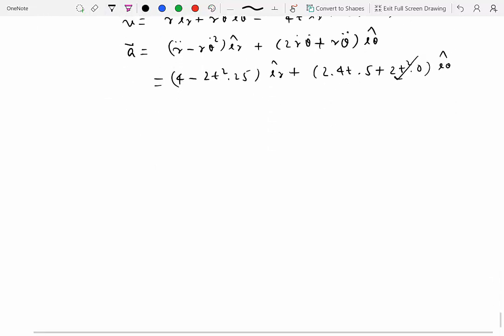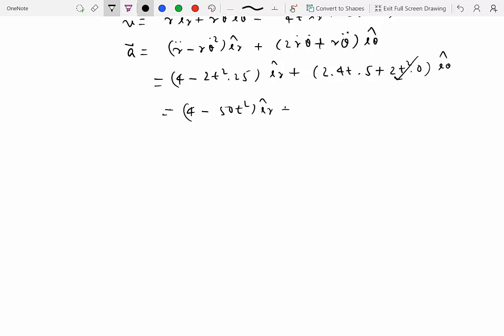So what do we get? We get 4 minus 50t square, er hat, plus 40t e theta hat, and that will be meters per second square, let's say. So again, if you want to compute the acceleration at any given time instant, you can substitute for that time value and get the acceleration from that.